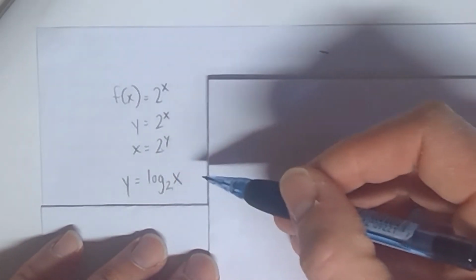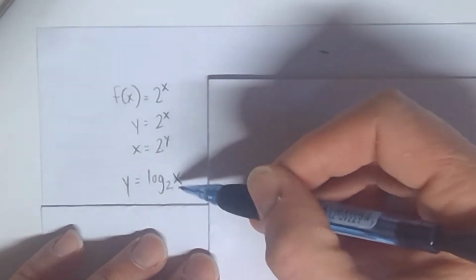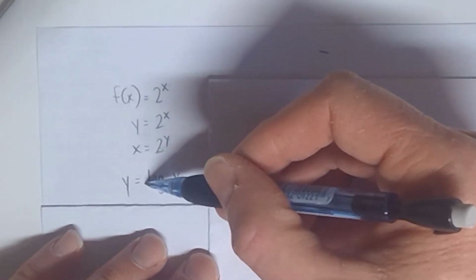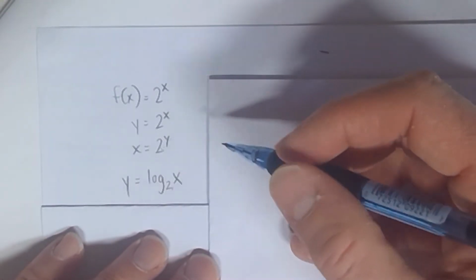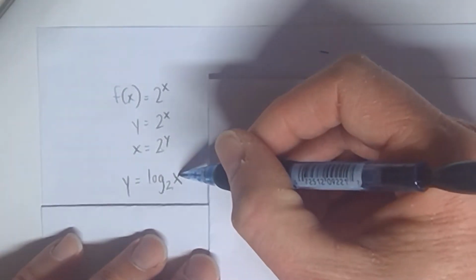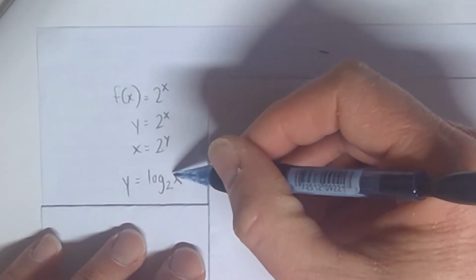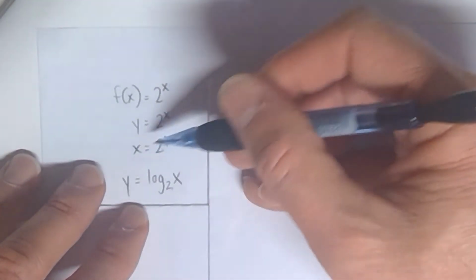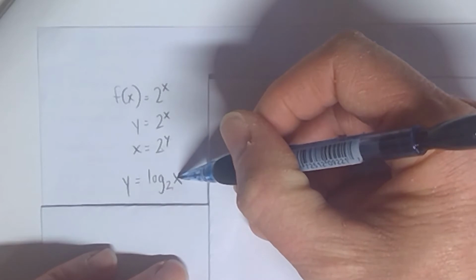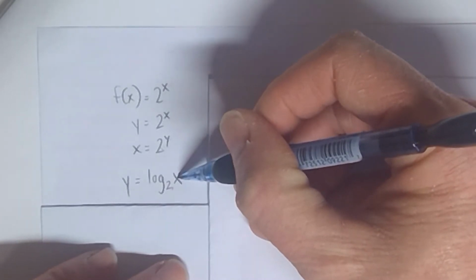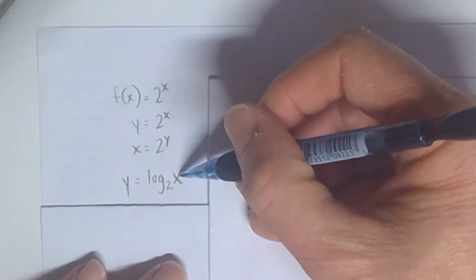Next to that is the x, on the same level as the log, so you don't confuse it with the 2. That is the answer that you get. You always put the answer here, the answer that you get when you take the base and the exponent together.